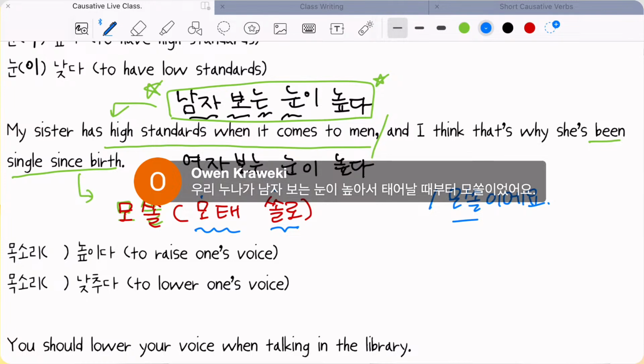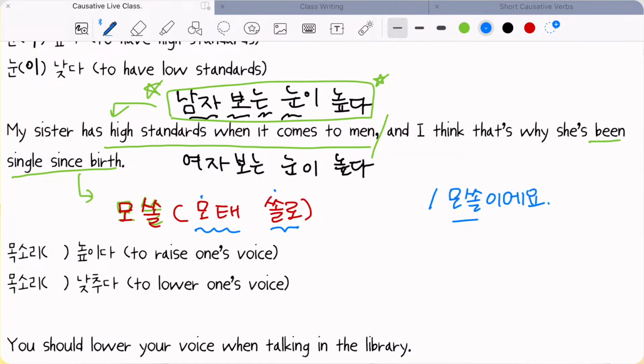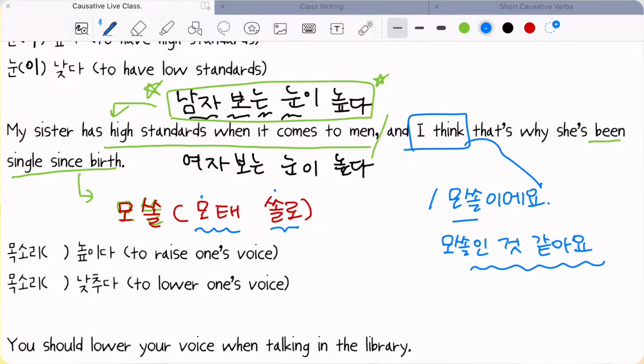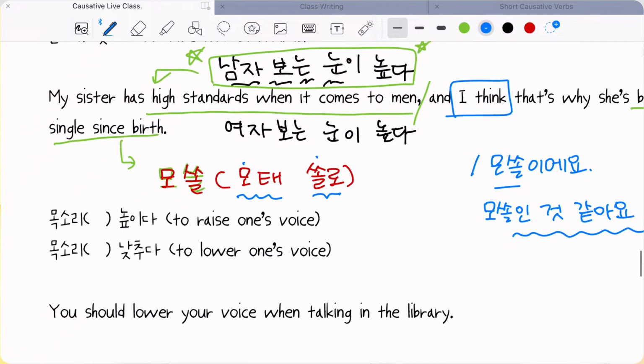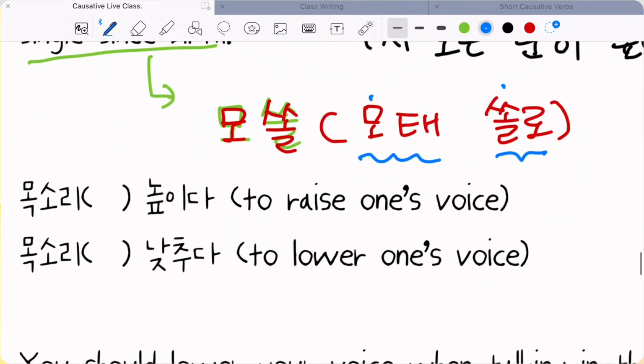So you can just say that. 그래서 모쏠이에요, or 남자 보는 눈이 높아서 모쏠인 것 같아요. You can also use it with 인 것 같아요 to emphasize that it's your opinion. That's what you think. Okay, 그러면은 let's move on to the next one.